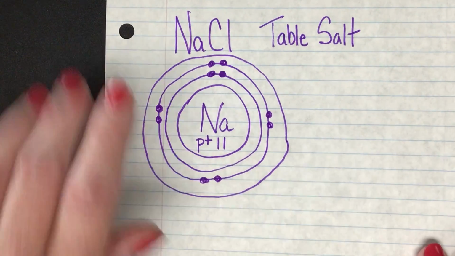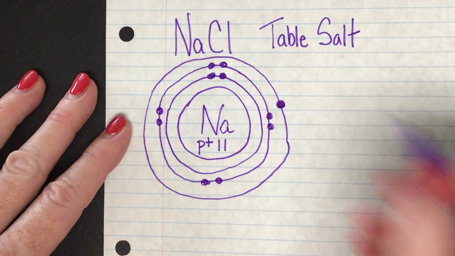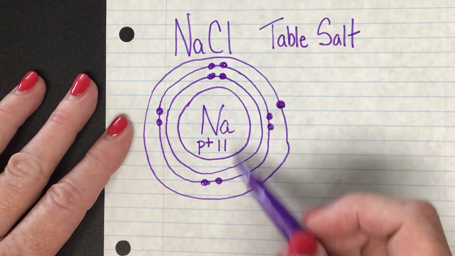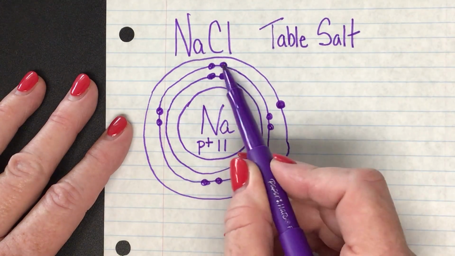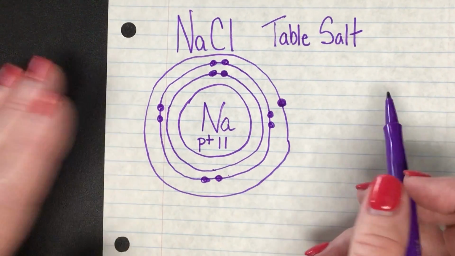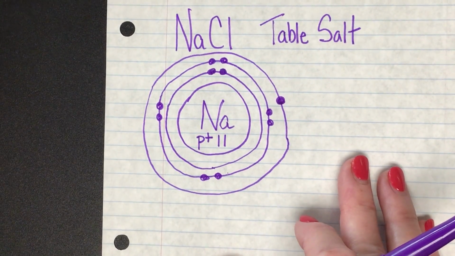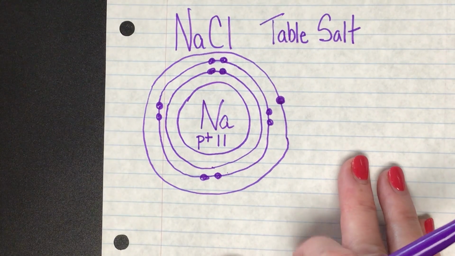And then it's in group 1, so it should have 1 valence electron. Did we do the right number? 1, 2, 3, 4, 5, 6, 7, 8, 9, 10. So we have 11. Okay, how many electrons does sodium need to have a full outer shell? 8. It needs 8. It's lacking 7.